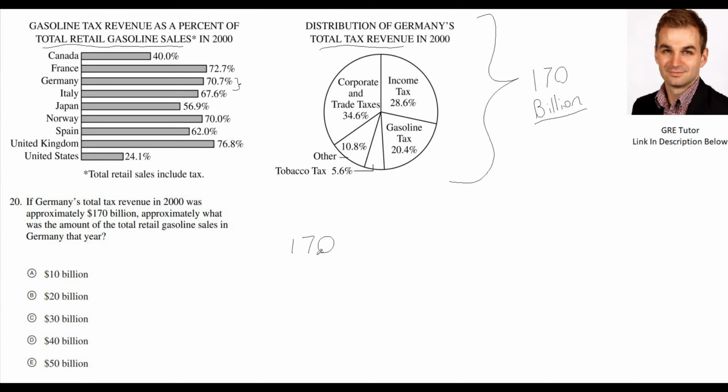We also know that of this 170, 20.4% is going to be your gasoline tax. Now we're going to call that gasoline tax revenue. Alright? Now we also know that of your total gasoline sales, whatever it is, X let's call it, 70.7% of those total gasoline sales is going to be your gasoline tax revenue.